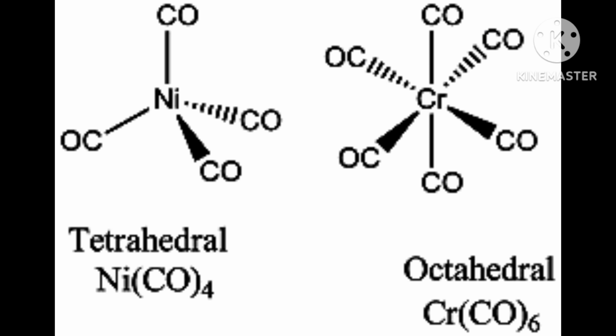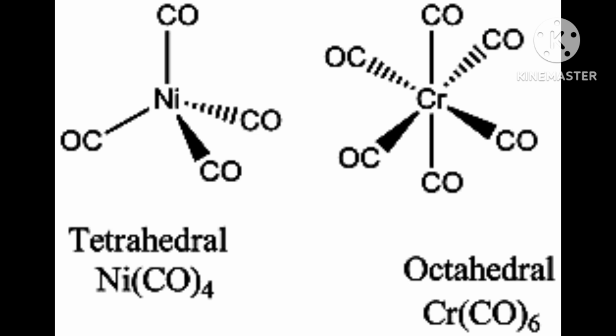Thus, suppose we have a reaction: metal M plus 4 ligands, L means ligand. M plus 4L will form ML4, the complex. Then both will be in equilibrium.